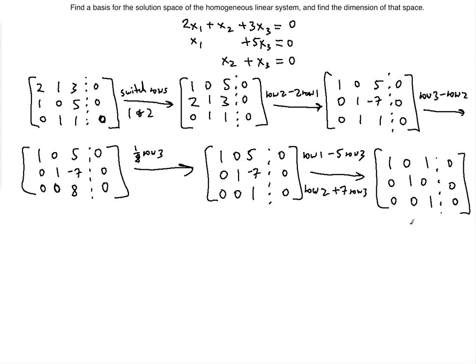So what is the result? The result is that x1, x2, and x3 are equal to 0, 0, 0. So the vector is 0. It means that you have a zero vector space.